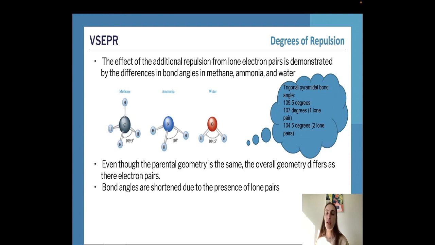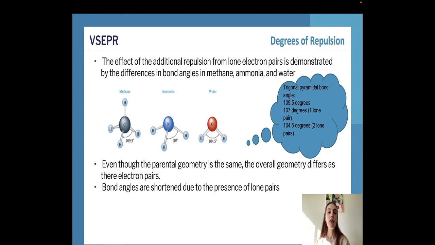It's important to notice that we have a trigonal pyramidal bond angle, which is that 109.5 degree angle, which we can see in methane. With water, we can see that that is a bent arrangement, and we have a similar pyramidal type arrangement with ammonia.